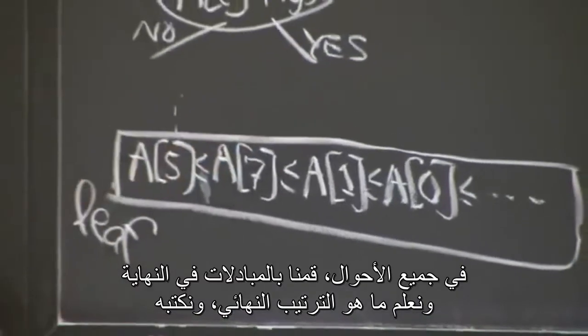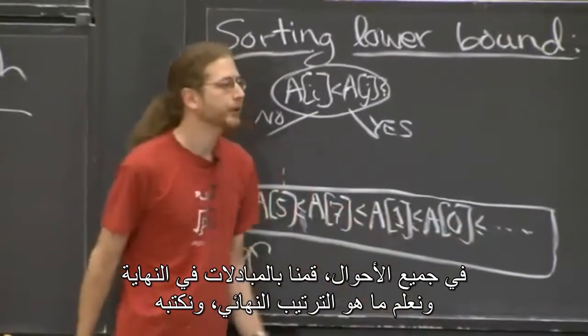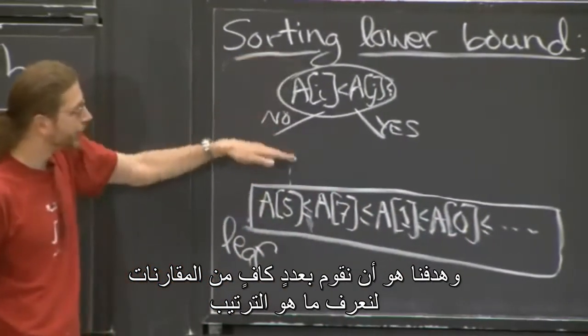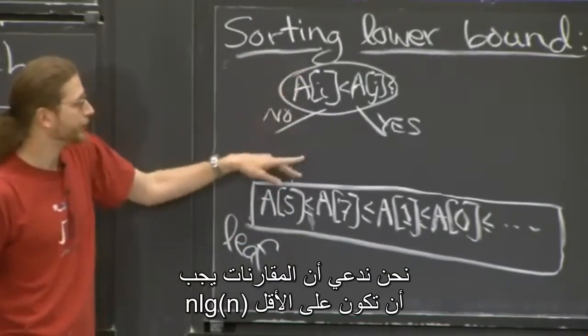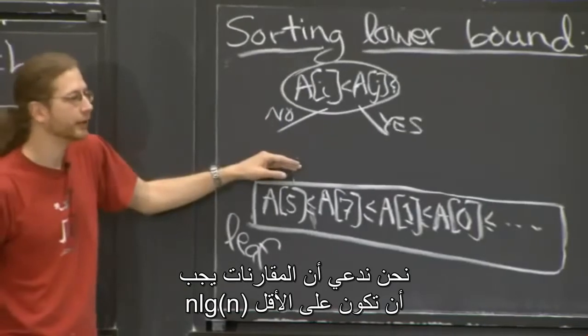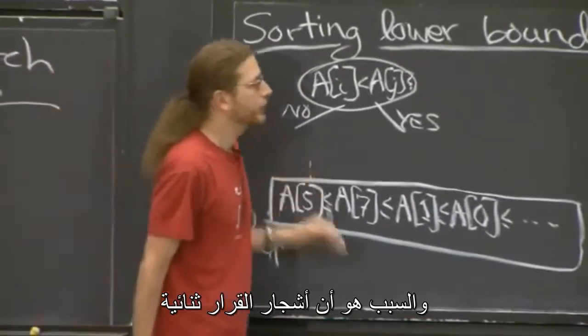We're not charging for this. We're only charging for comparisons. However, maybe you've done swaps. In the end, you know what the final order is, and so you just write it down. And your goal is to make enough comparisons that you figure out what the sorted order is. We claim the number of comparisons here has to be at least n log n. Why?